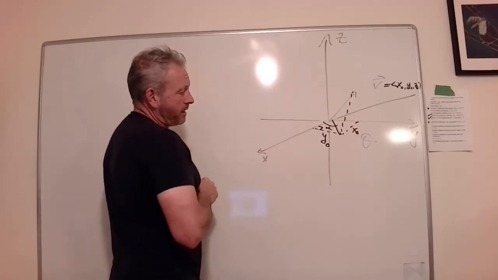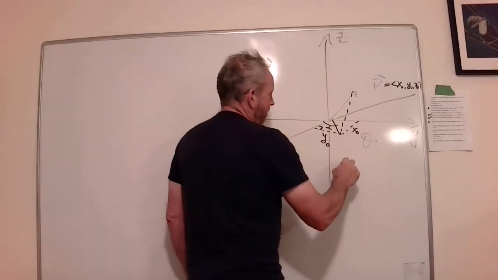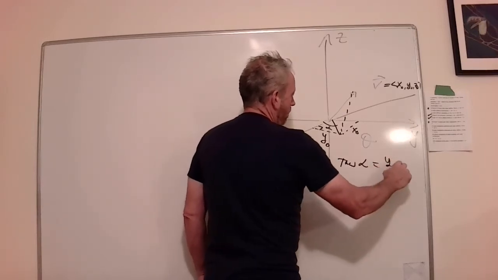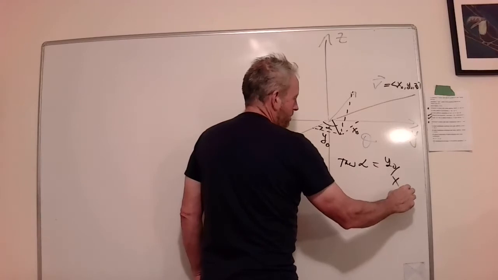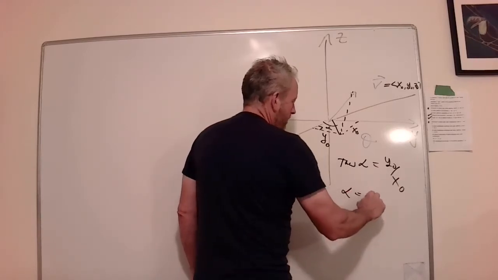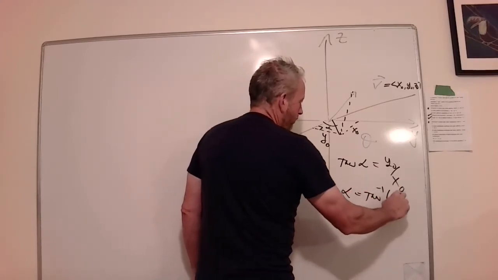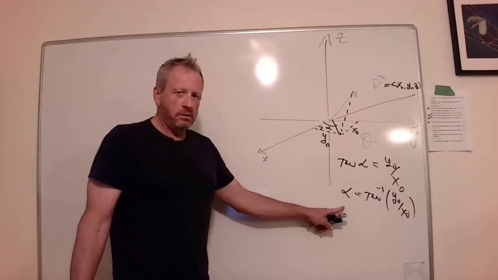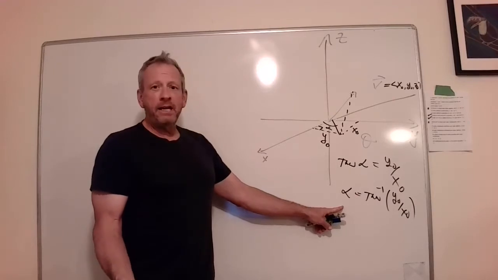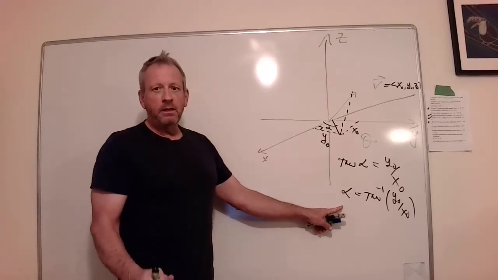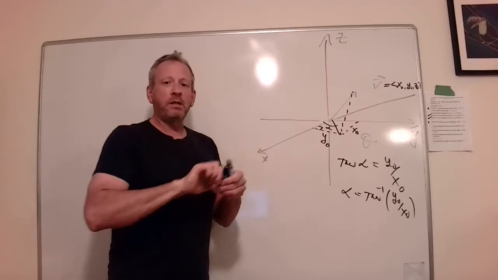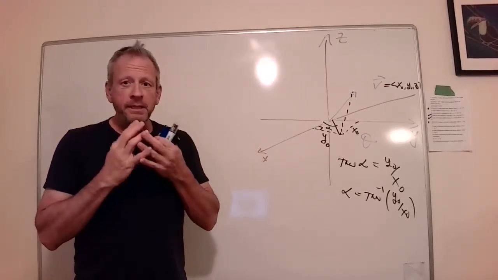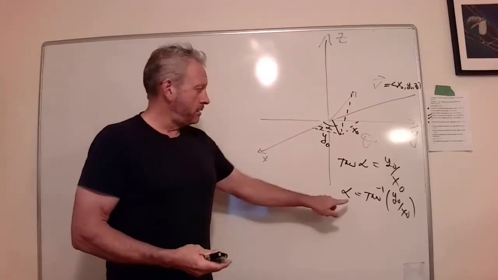So tangent of alpha is equal to y sub naught over x sub naught, and so alpha is equal to tangent inverse of y sub naught over x sub naught. That's the angle we'll use to rotate R3 about z. When you look at the formula for rotation about the z-axis, you only need to know the angle. Which angle? It's this angle here.